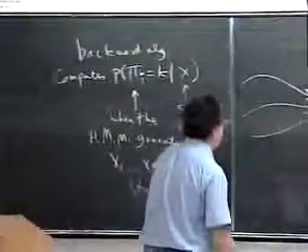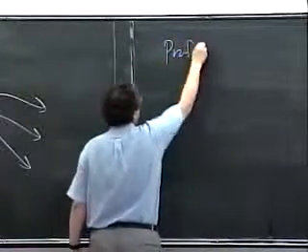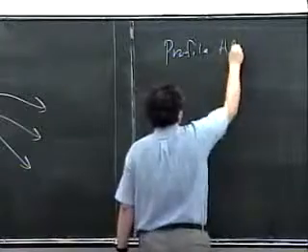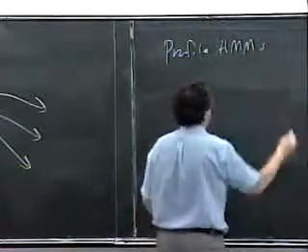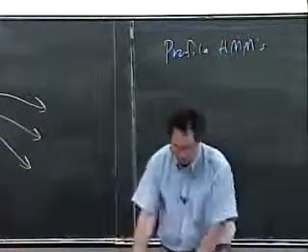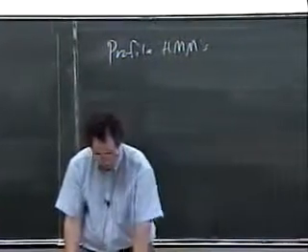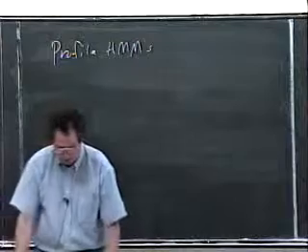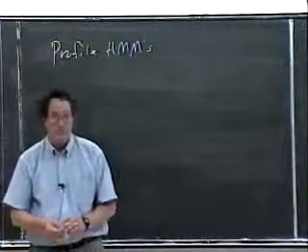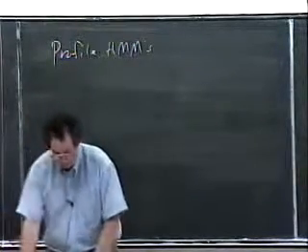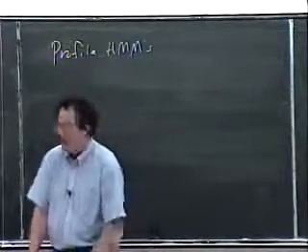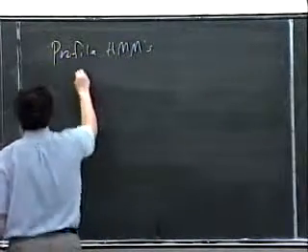Okay, so profile hidden Markov models are probably the most common hidden Markov models that are used. If you look in PFAM, many of them there are of this type. So this is modeling protein families.